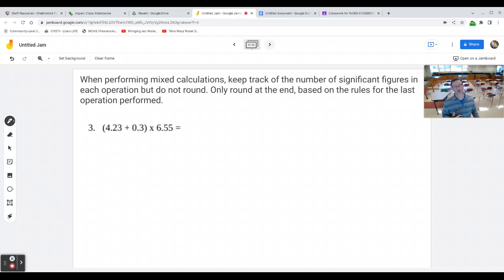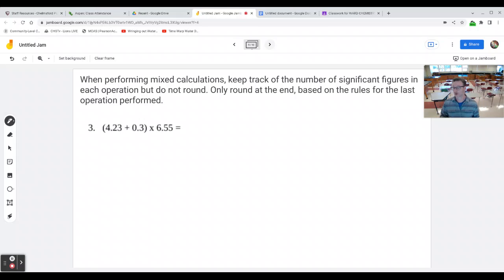The question then becomes, how do I know where to round given that I might have adding and subtracting, which has one rule, and multiplying and dividing, which has another rule? So here's the way it's explained. Keep track of each operation and how it would be rounded.